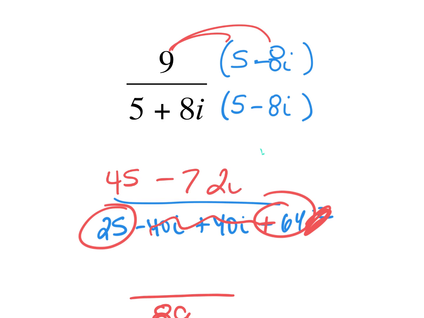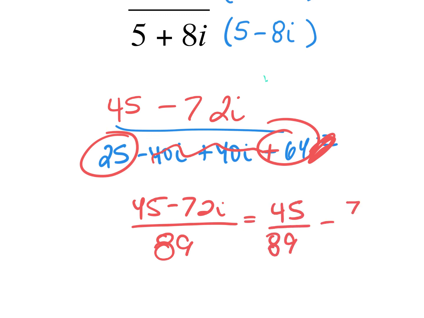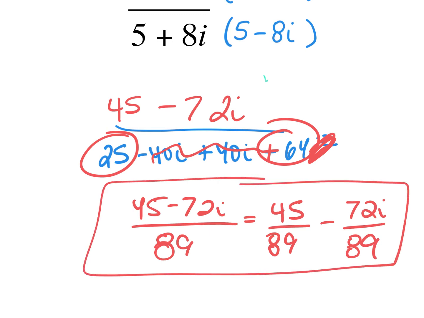Minus 72i. Are we in standard form? Yes. Do I need to do anything else? Nope. So I have 45 minus 72i. And this is where I would say, okay, let's pull it apart just to make sure nothing simplifies. Does it? Yes or no? No. So either answer would be fine.